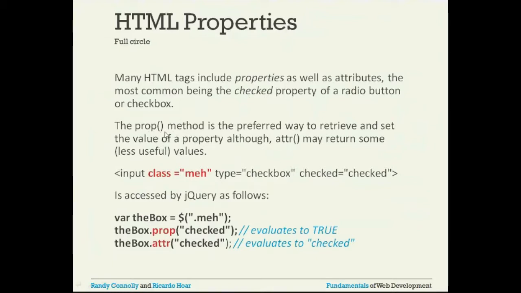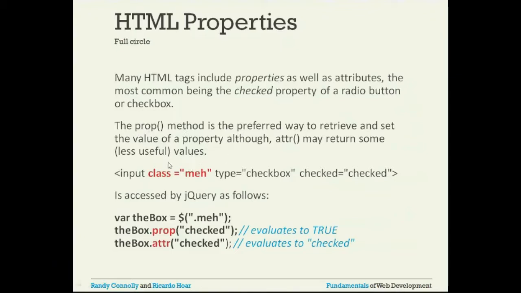This is the preferred way to retrieve and set the value of a property, although attr may return some less useful values. So for setting and getting properties, we can use either attr, but the most appropriate method is prop. That is the method for setting as well as getting the properties.